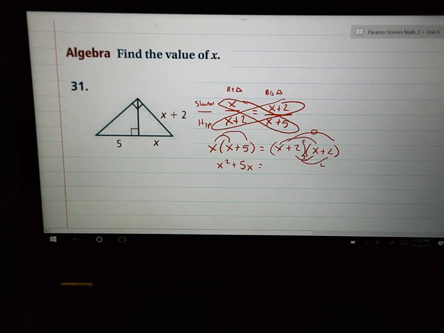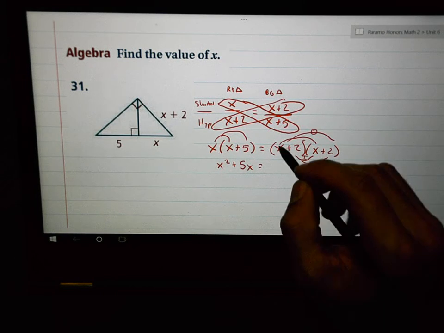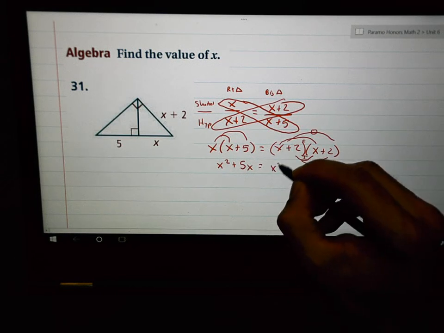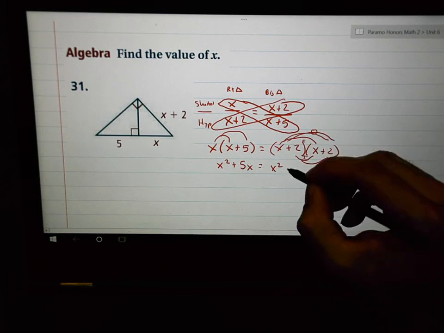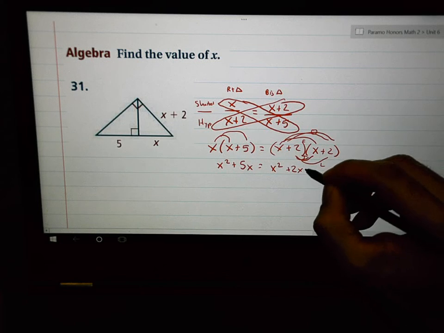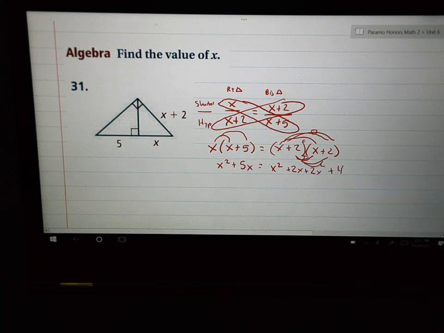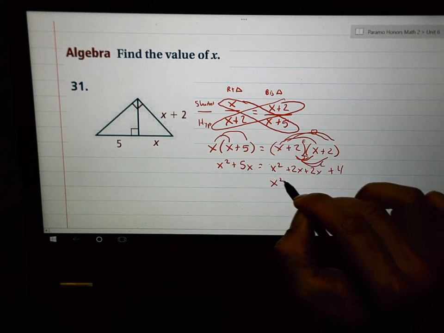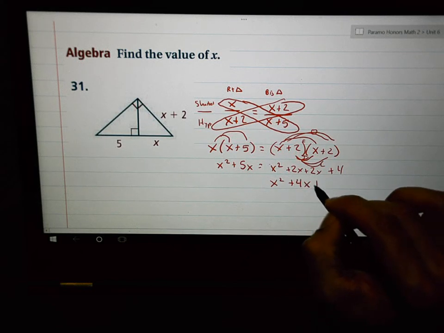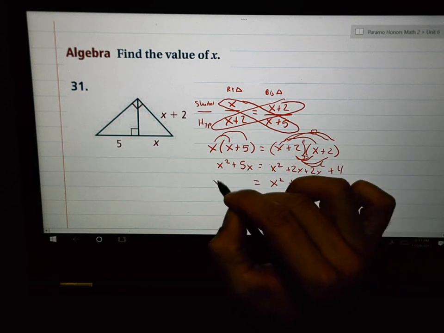Some of you do the double distributive property with that. So x times x is x squared plus 2x plus another 2x plus 4. I'm going to simplify that. x squared plus 4x plus 4 equals x squared plus 5x.